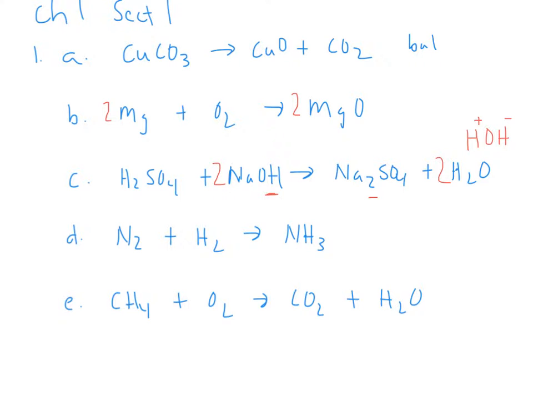Moving on to D then, the N2H2. If you balance the N first, you'd have a 2 here, and then you would see you'd need a 3 here, and that one also balances fairly easily. E, they didn't tell you that it was O2. It says the combustion of methane to produce CO2 and H2O.